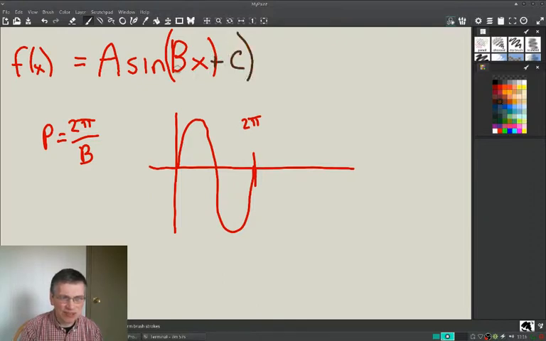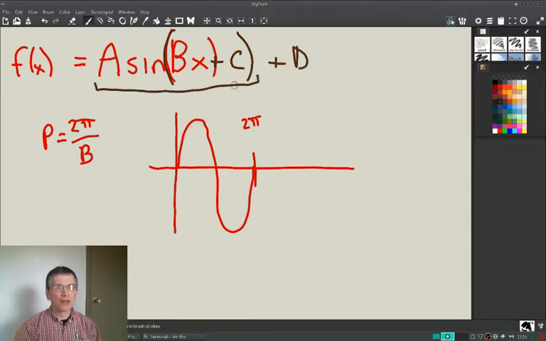Trust me, I'll make this parentheses a little bigger: bx plus c, and then the whole thing plus d. This d is outside of this. We have amplitude. We have b, which controls the period. This d is going to control the midline. Basically, d is just another number we add on. And what's that going to do?